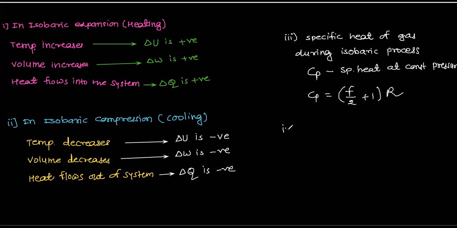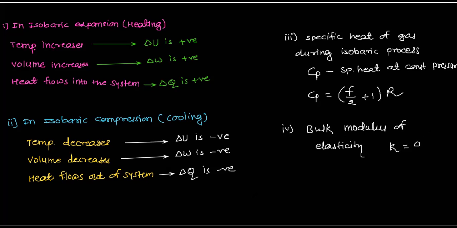And next, in this isobaric process, the bulk modulus of elasticity. This is also important, just keep it in mind. This K value is equal to 0. Why 0?